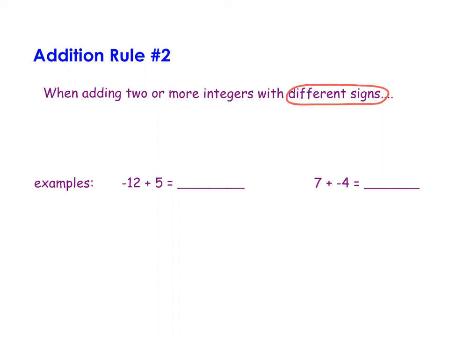So addition rule number 2 now focuses on when we're adding two or more integers with different signs. So what you're going to notice here is that in each example, we have numbers with different signs. One of them is negative and one of them is positive. So they're different signs, and as a result, the adding process is a little bit different.